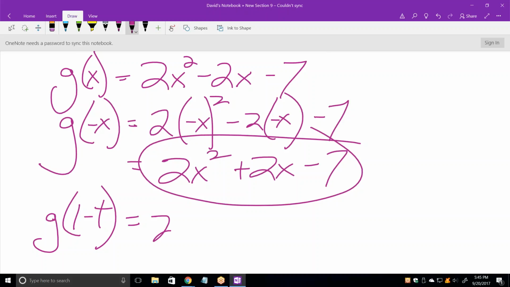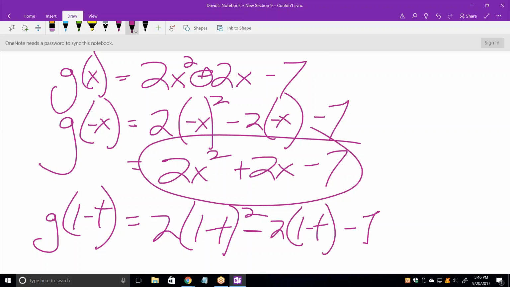So what we would get, there'd be 2 parentheses 1 minus t squared plus 2 parentheses 1 minus t plus 7. Minus, yeah, minus 2 parentheses 1 minus t plus 7. Minus 7? The original function was minus 7.